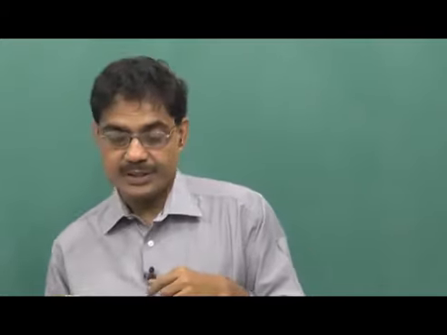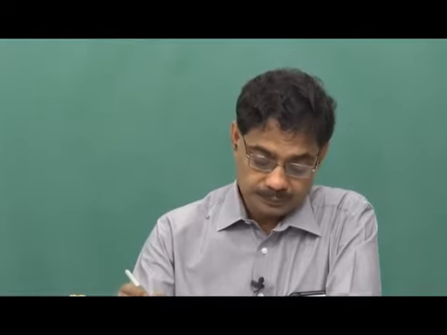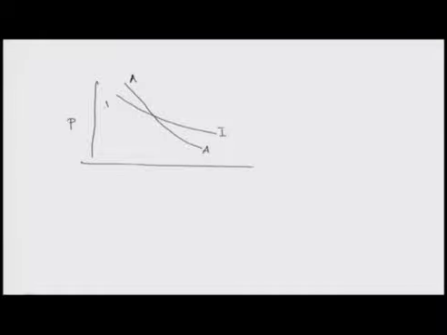Now, we can ask the question that given two curves on the PV diagram, let us say I know this is my adiabatic, this is my isothermal. Let us call this point of intersection as O, which has coordinates P naught, V naught.